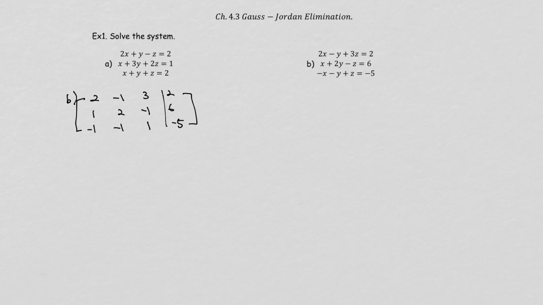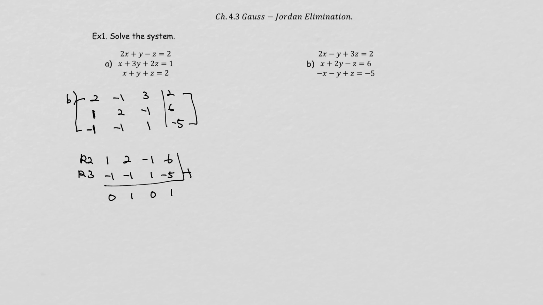By adding row 2 and row 3, 1 and -1 are opposites, so we should be able to make the first column 0. So let's do that: 1, 2, -1, 6, and -1, -1, 1, -5. Add them up. I get 0, 1, 0, 1.